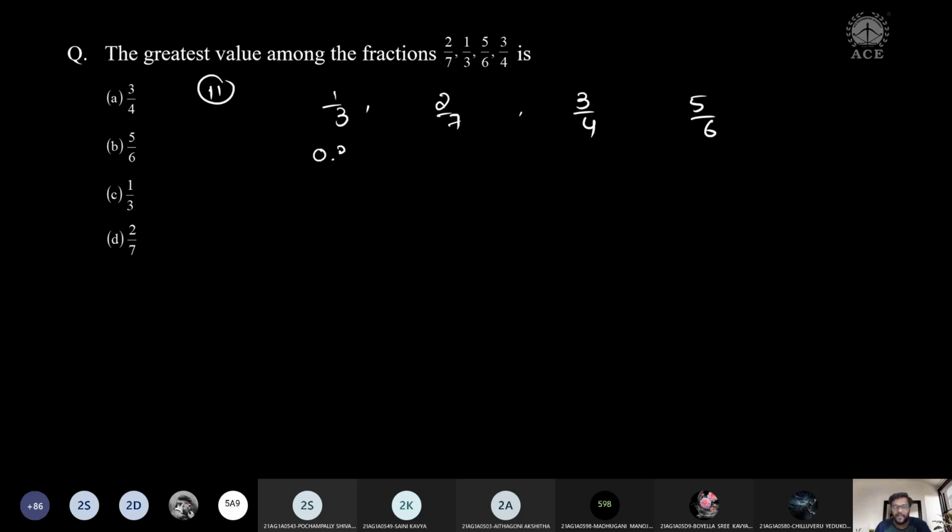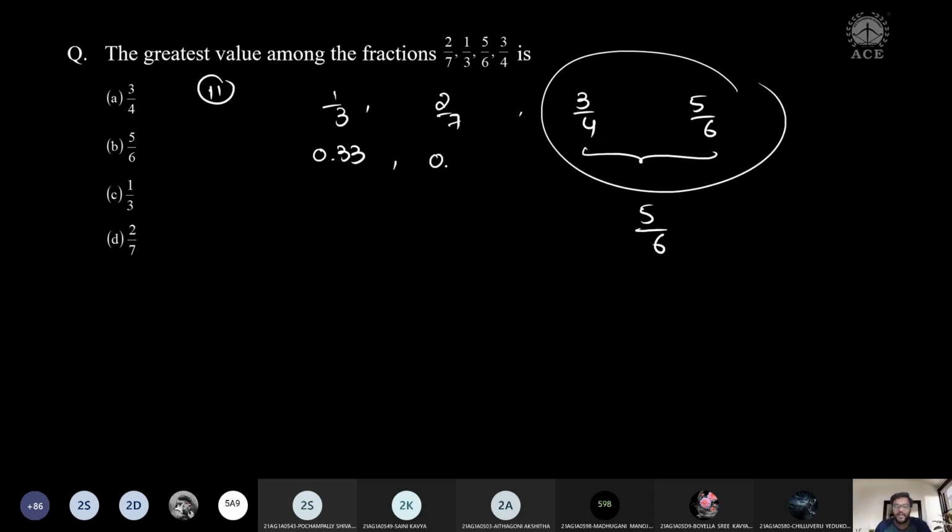Among these two, 5 by 6 is largest. 2 by 7 is anyhow 0.2 something, because 7 2s are 14, still a 6 remainder, so we get 0.28. Here 0.33, here 0.28. 5 by 6 is the largest, we can say.